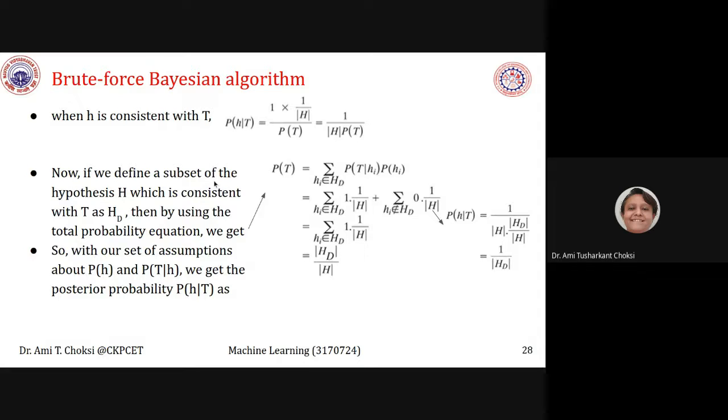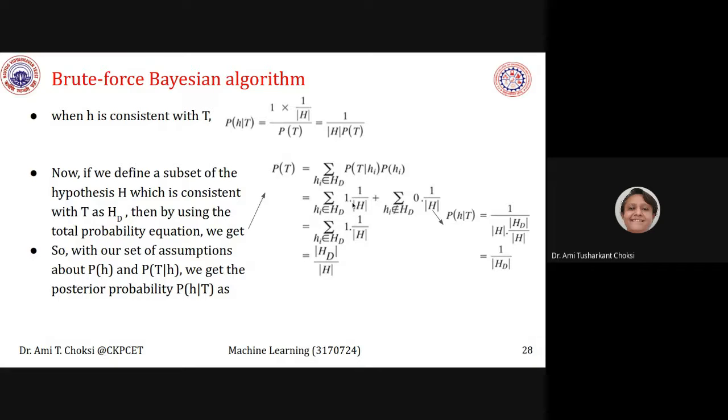Now if we define a subset of hypotheses H which is consistent with T as HD, then by using the total probability equation we can get P(T) equal to sigma over Hi belongs to HD, P(T|Hi) into P(Hi). So what do we do with that?